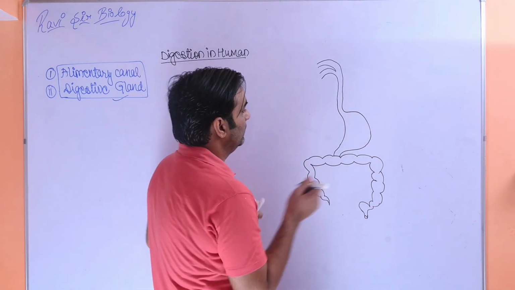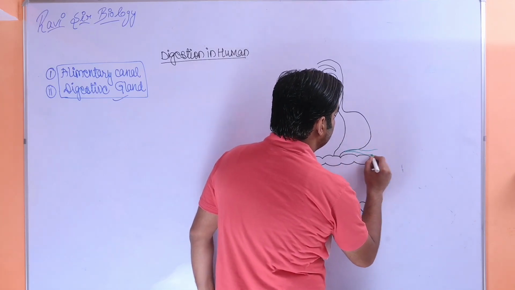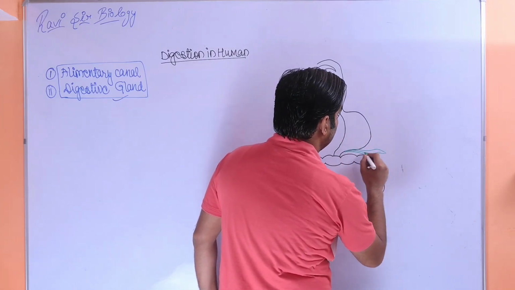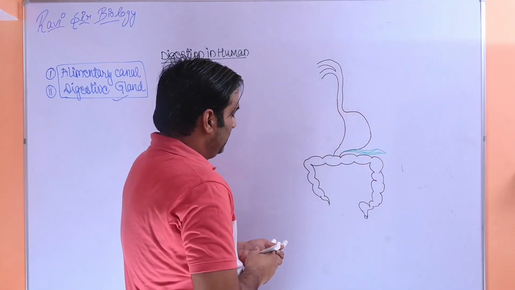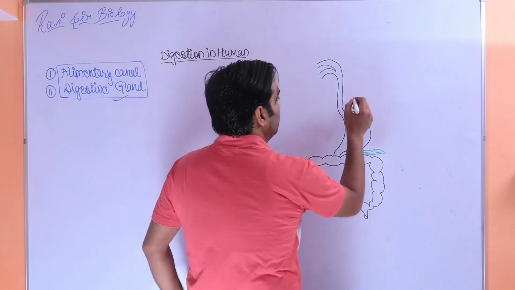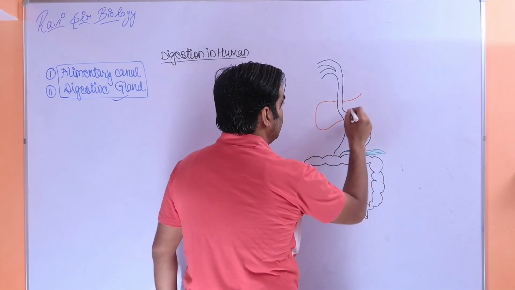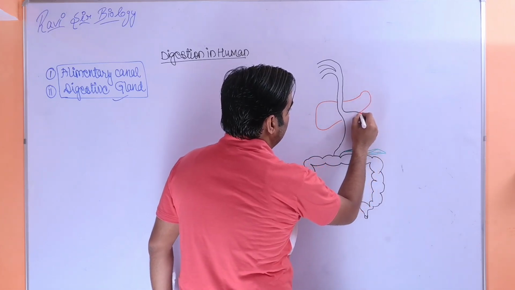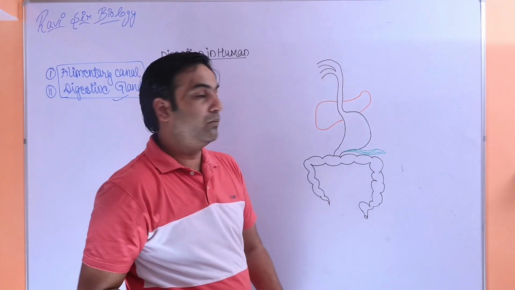Just below the stomach, a leafy structure will be seen. This leafy structure is called the pancreas. The liver is present just behind the stomach and attached with the food pipe.